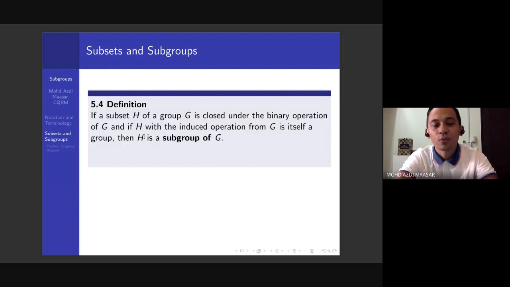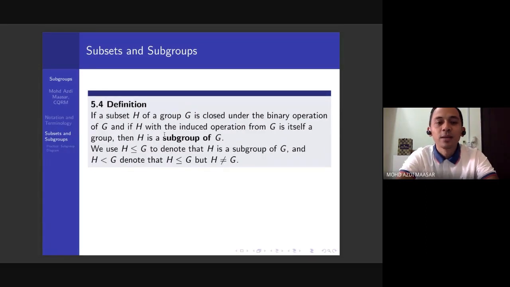When H is a group, we say that H is a subgroup of the group G. We use this notation, H less than or equal to G, to denote subgroup. You can also use the notation of less than with no equal to denote that H is a subgroup of G, but H is not equal to G.